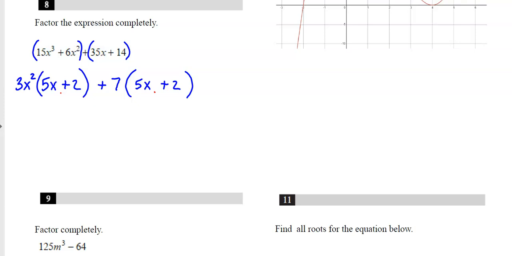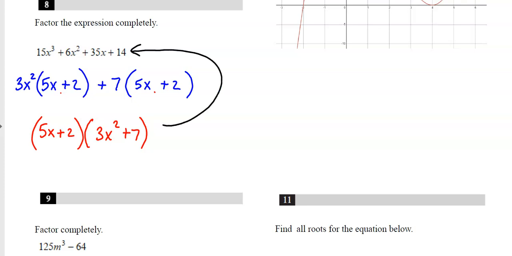So I'm going to pull that out. I'm going to yank that 5x plus 2 out of that expression above, and what's left over is 3x squared plus 7. And then I could always check my work. I could go back and multiply and actually FOIL it out, and it will come back to be this right here. So right there is factored completely, can't do any more.